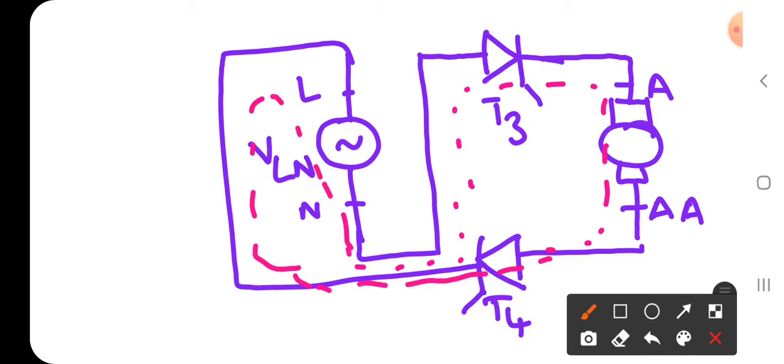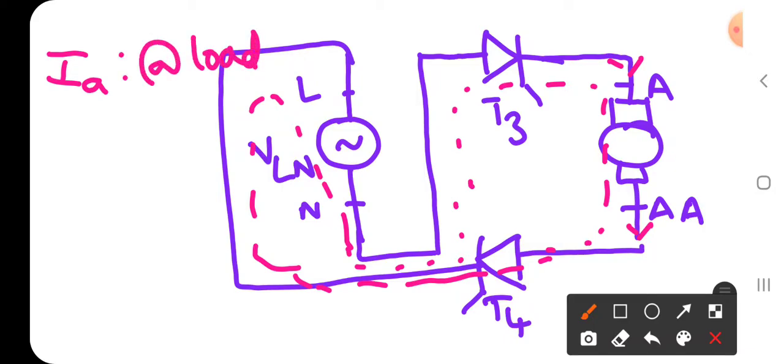If you observe, previously the current started at A and left at AA, and now also the current starts at A and leaves at AA. So there is no change in the direction of IA at the load.